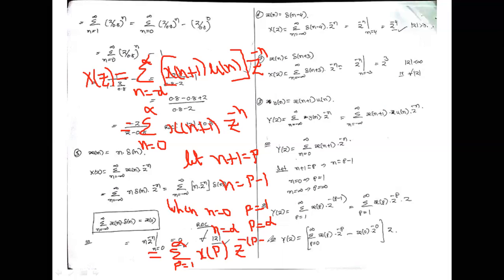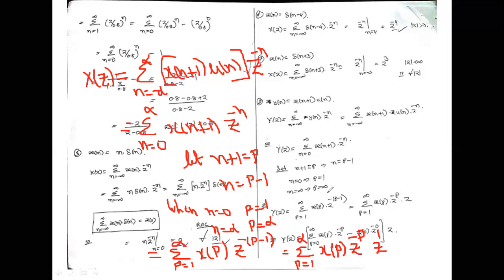So it is the sum from p equal to 1 to infinity of x of p z power minus p, and z power minus of minus 1 is z.